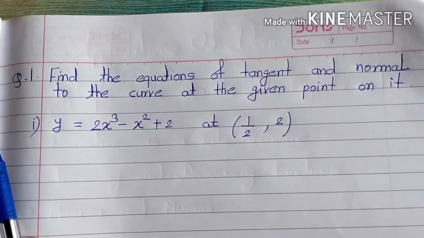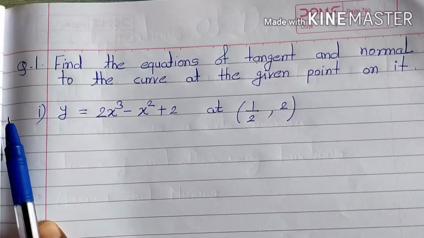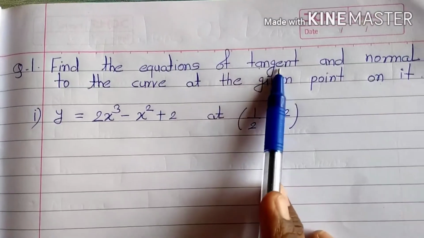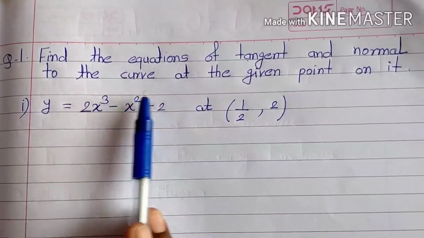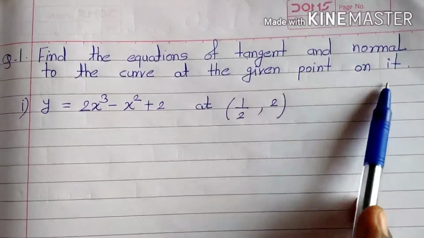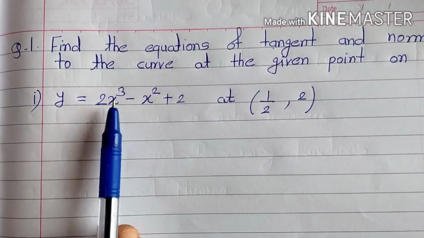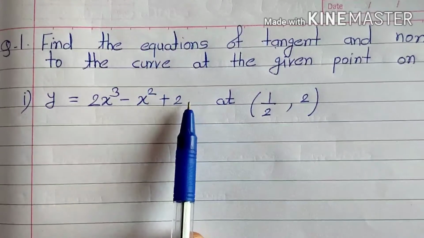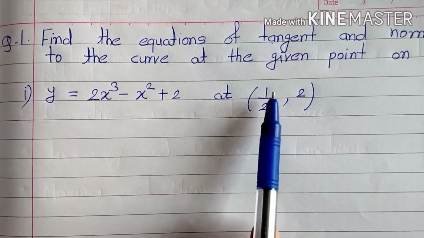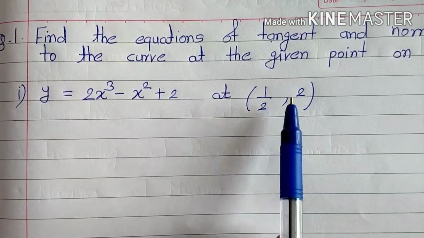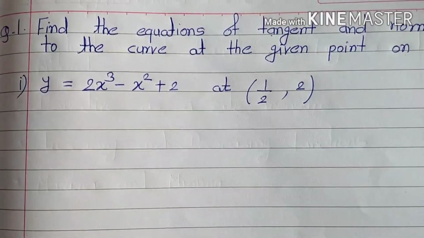Here are some examples which we have to see. Our first example is: find the equation of tangent and normal to the curve at the given point on it. Our first curve is y is equal to 2x cube minus x square plus 2 and our point is (1 by 2, 2), means x1 is 1 by 2 and y1 is 2.